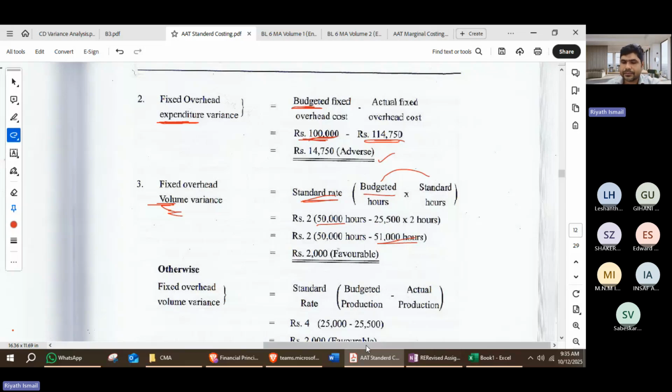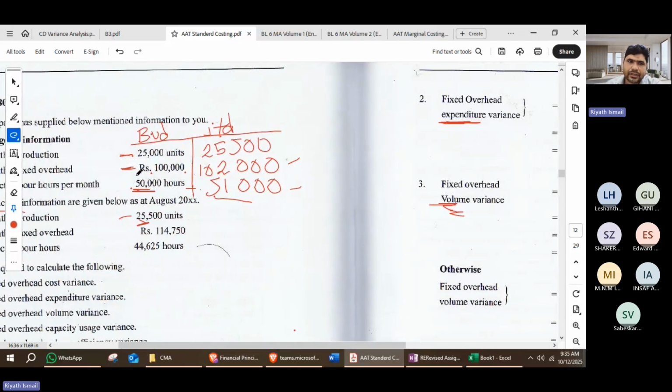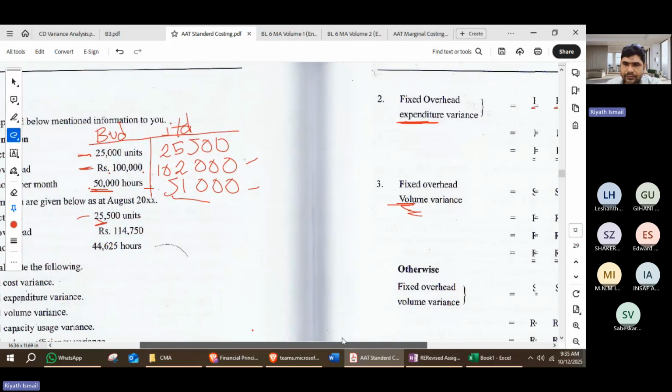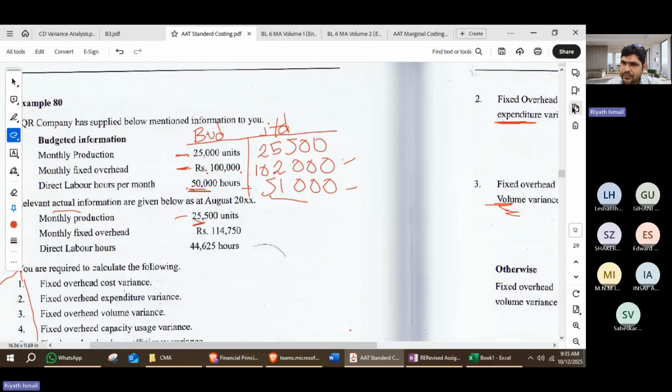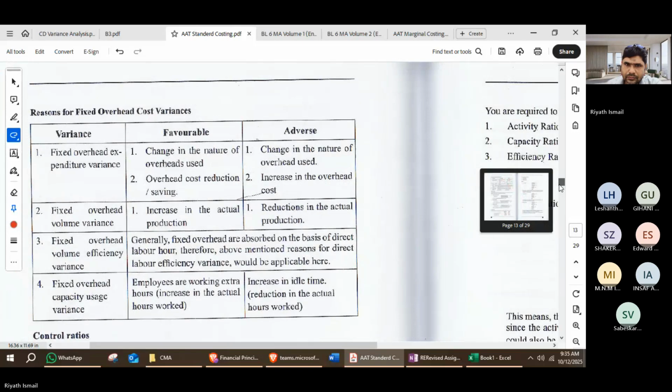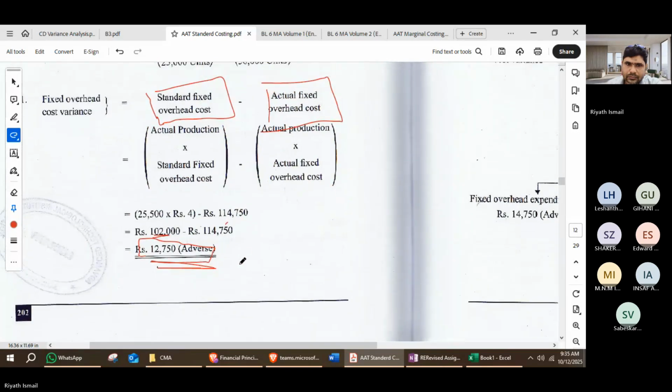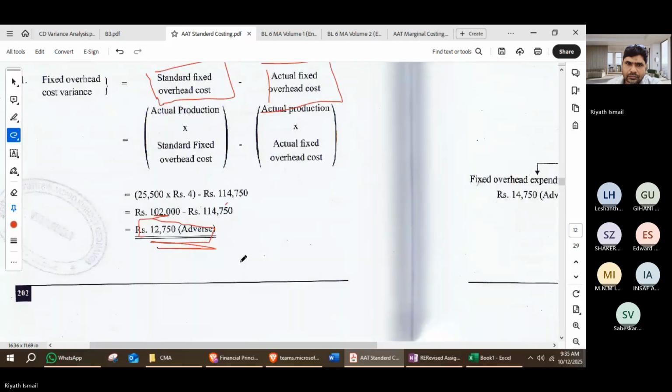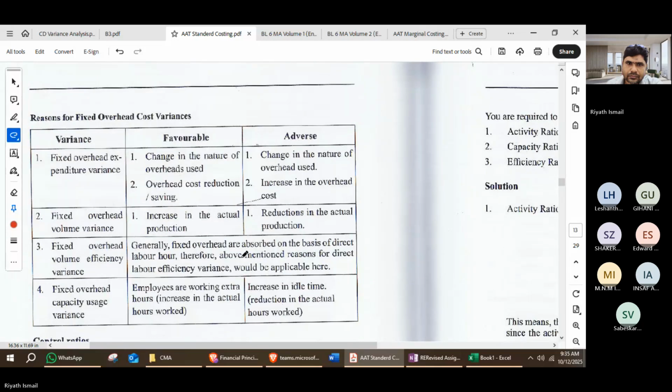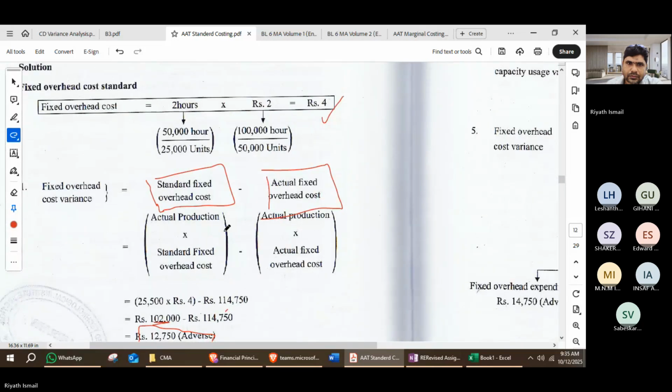Standard rate per hour. How do we calculate? Total cost 100,000. If they work 50,000 hours, therefore per hour 2 rupees. So it is calculated here. This is the standard rate per hour.